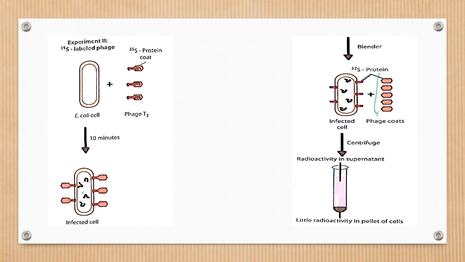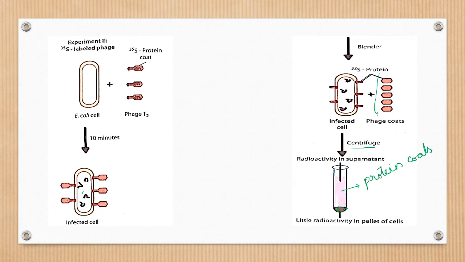Then we subject that mixture to centrifugation. During centrifugation, the cells are settled at the bottom, and protein coats form the supernatant. So this supernatant consists of protein coats.